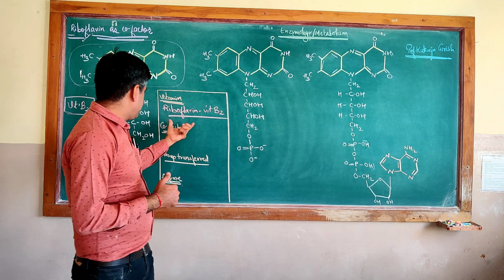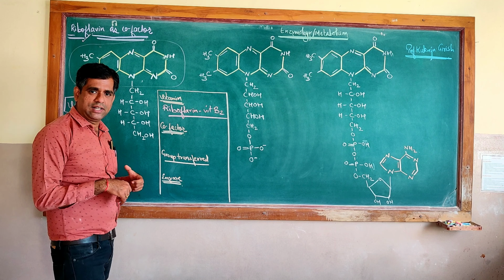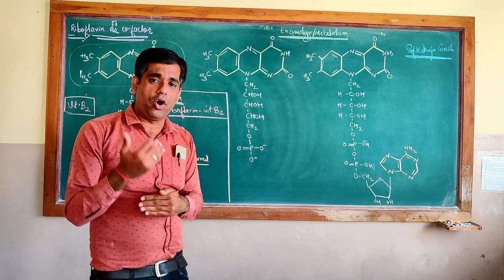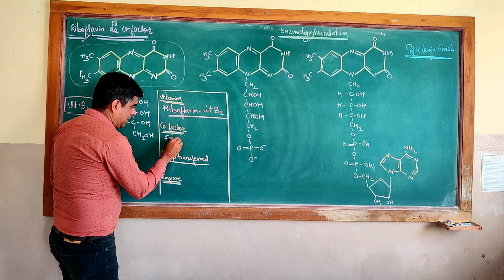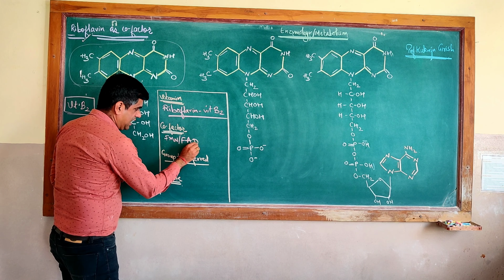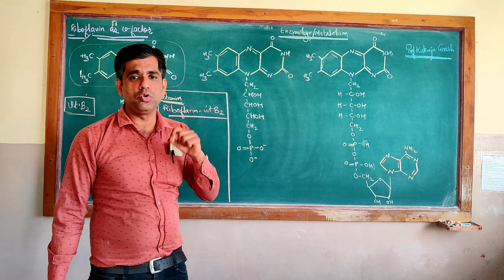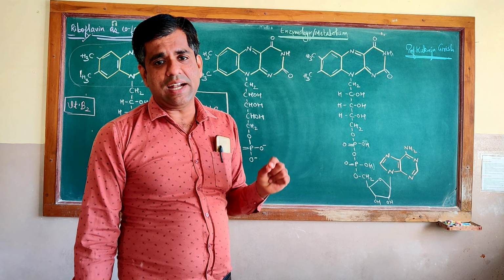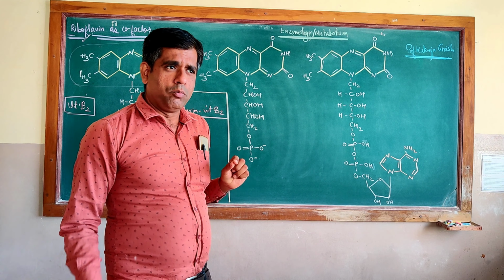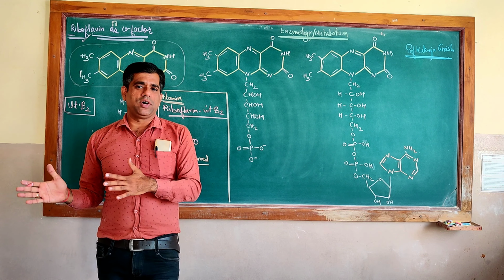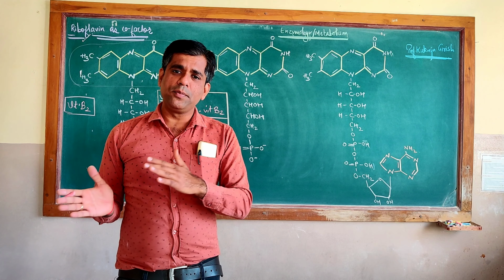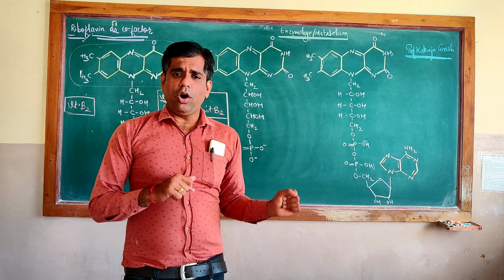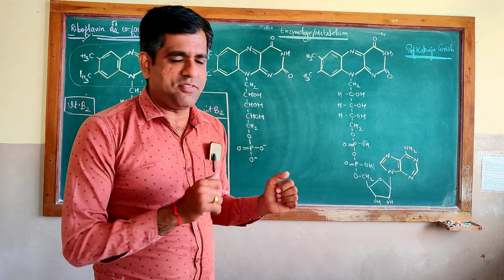So the cofactor form of riboflavin is your FMN or your FAD, that is your flavin mononucleotide or flavin adenine dinucleotide. Both of these occur in two forms. One is the oxidized form, another is the reduced form. So you have FMN and FMNH2, or you have FAD and FADH2.